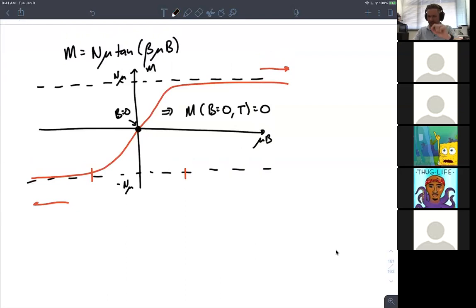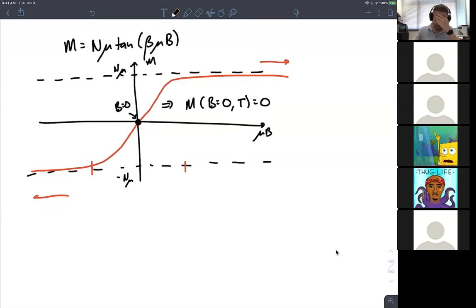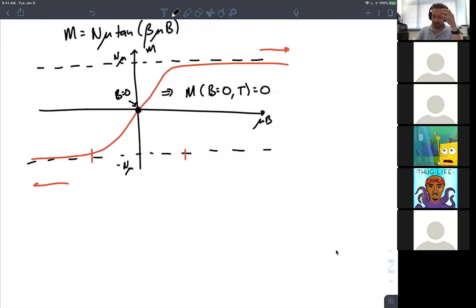Now, I think I told you one thing that might have been backwards. From this, we also wanted to extract the slope of this curve, and the slope is related to the magnetic susceptibility. The idea is that you have a hunk of material, you apply a B field to it, and that gives you some corresponding magnetization.